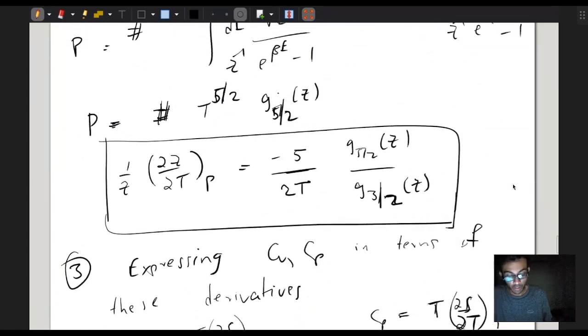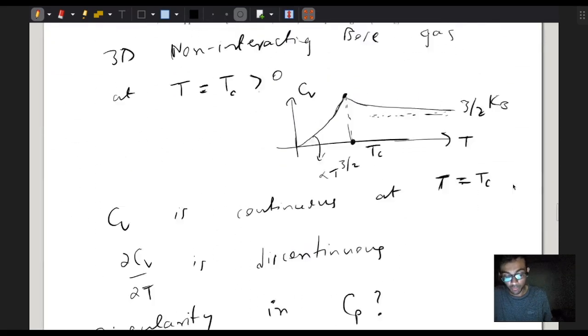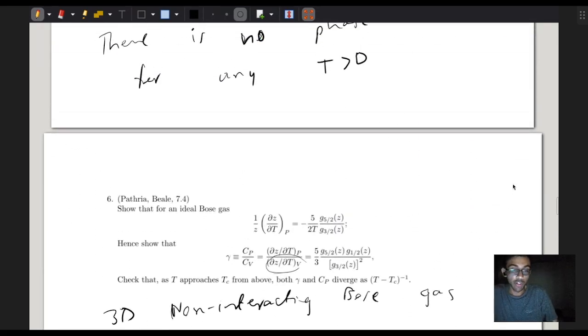But ultimately the result is that for a non-interacting Bose gas in 3 dimensions with quadratic dispersion, the heat capacity at constant volume is finite, it is continuous, but the heat capacity at constant pressure Cp diverges, and it diverges as 1 by T minus Tc.